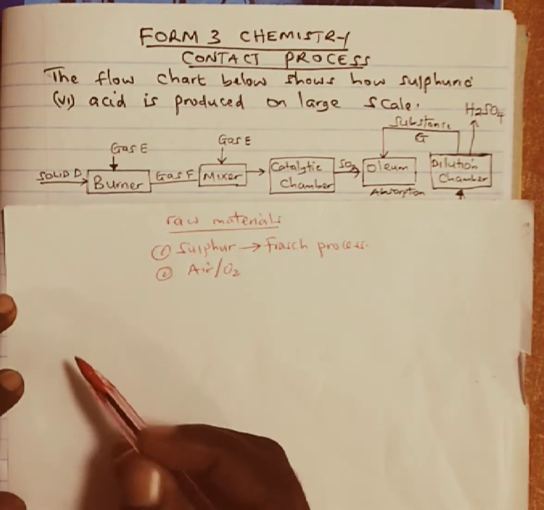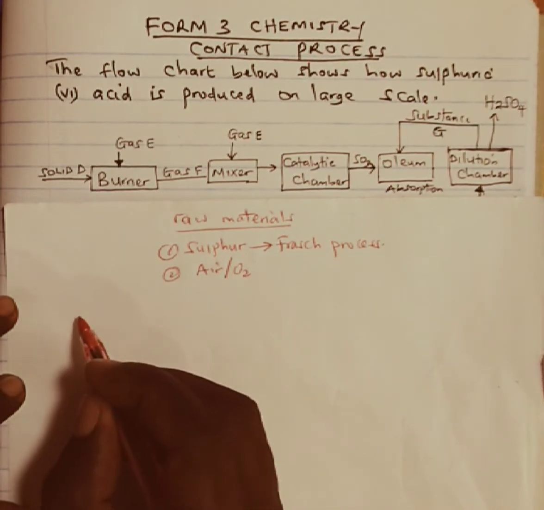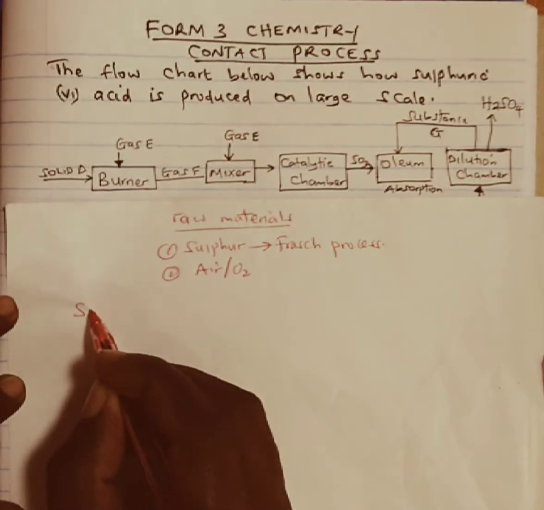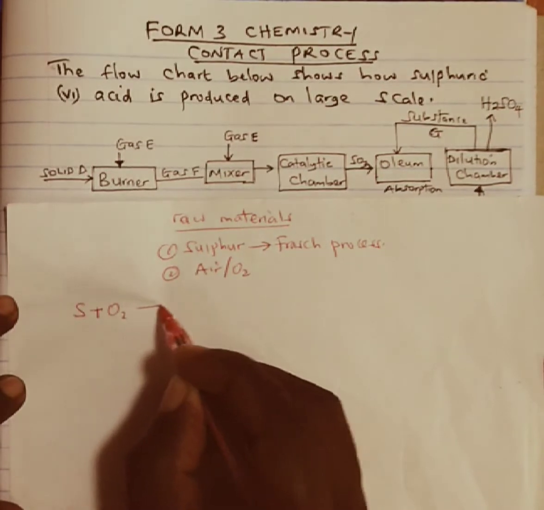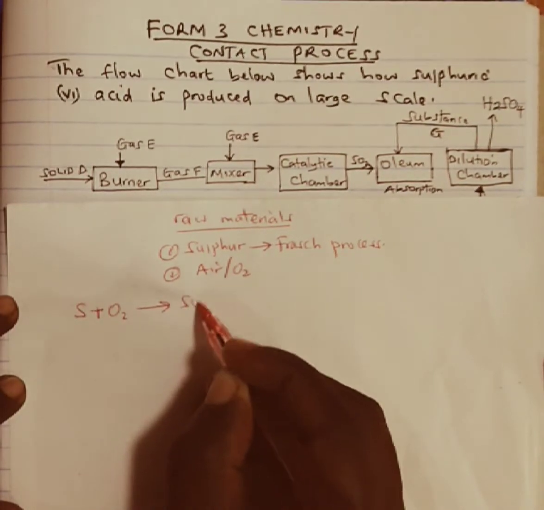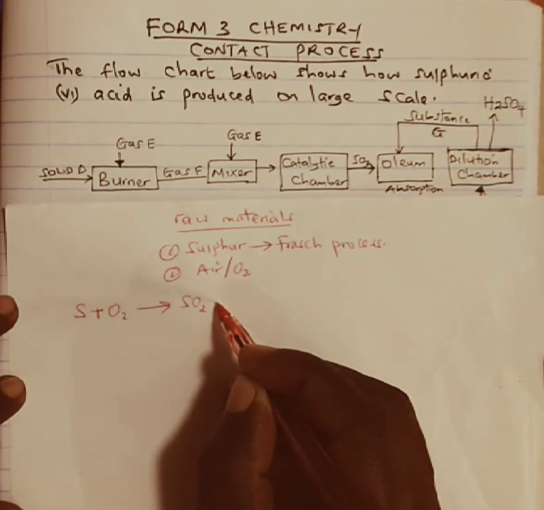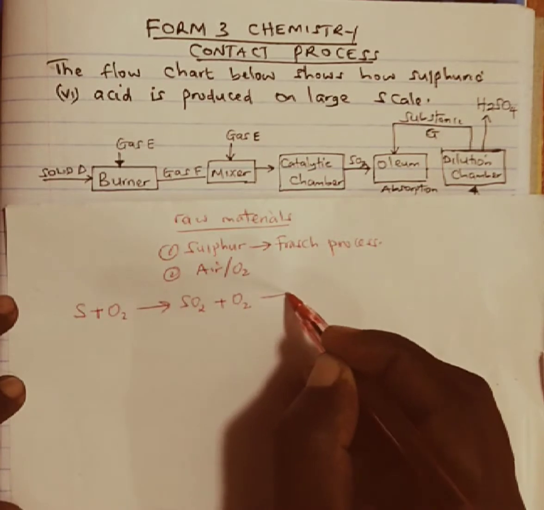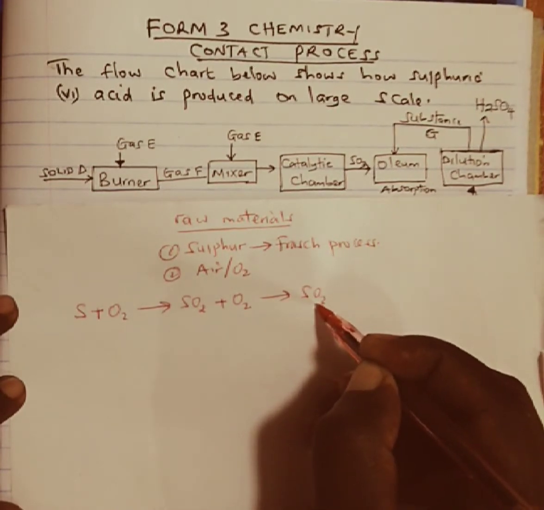In this process, we are going to go through the following steps. One, we take the sulfur and burn it in air to get a gas which is sulfur 4 oxide. Then we take the sulfur 4 oxide and burn it further in air to give us sulfur 6 oxide.